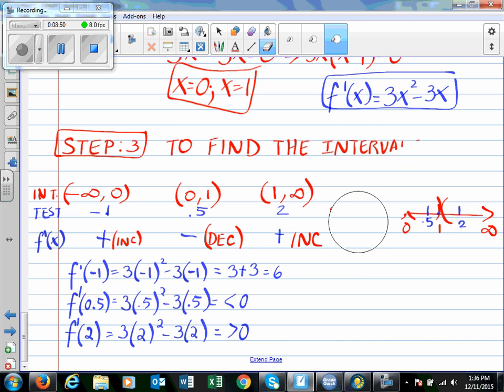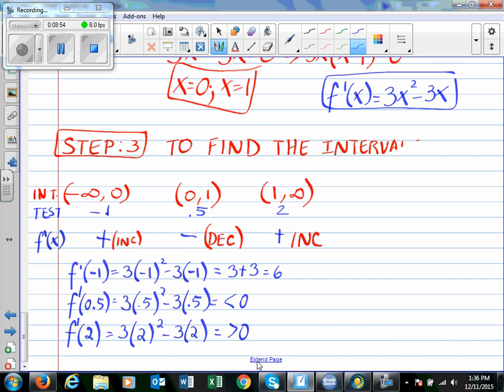So what you conclude is that the function is increasing in negative infinity to 0, and 1 to infinity, and it's decreasing on 0 to 1.